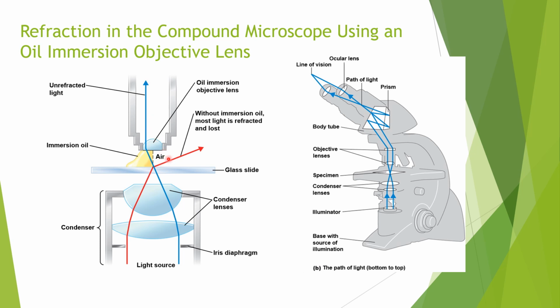Watch what happens when you don't put oil. Here they're telling you air, meaning you didn't put a drop of oil. Notice what happens to the light: the light bends, the light refracts.